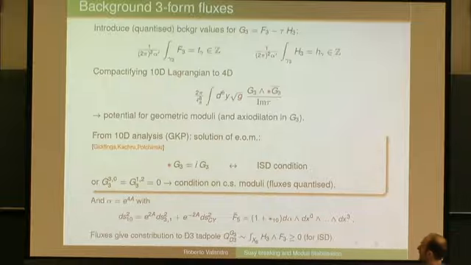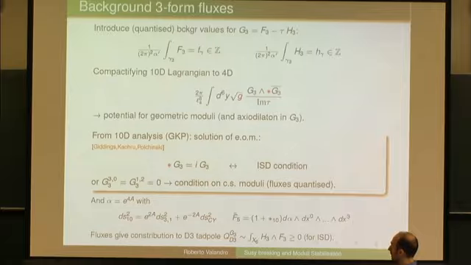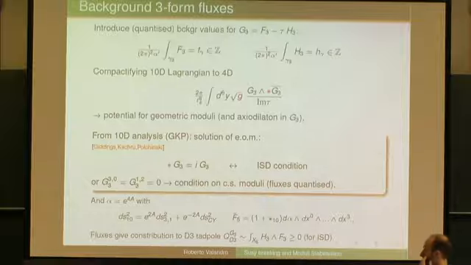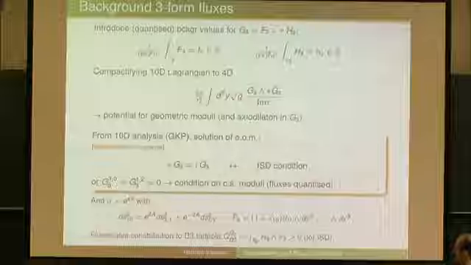Since G3 is fixed because it's quantized, it doesn't have a continuous deformation, so this is a condition on the complex structure of the manifold. If you rotate the omega 3, so you deform the holomorphic three-form, you will change the parts of G3 that are (3,0), (1,2), (2,1), or (0,3). So this is actually a condition that can fix all the complex structure moduli and the axio-dilaton. These are the other conditions on the solution that you get, which were also reviewed yesterday, so I will not say more.